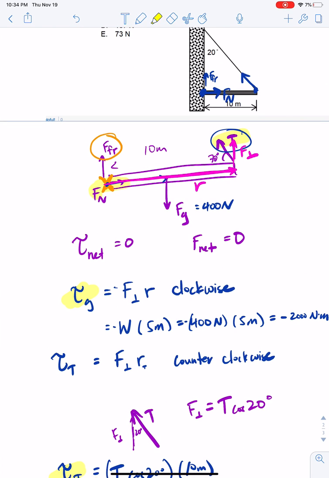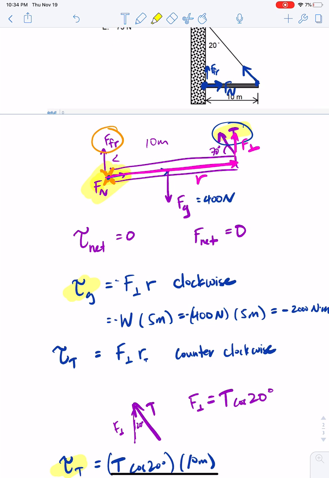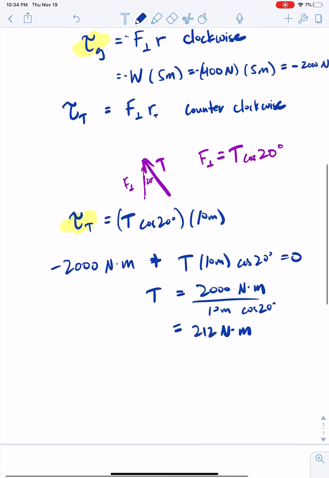Okay. Now let's go back up to our free body diagram here. We want to know this normal force. Okay. This normal force needs to be equal and opposite to the X component of this tension force, right? Because those are the only two forces in the X direction, okay?